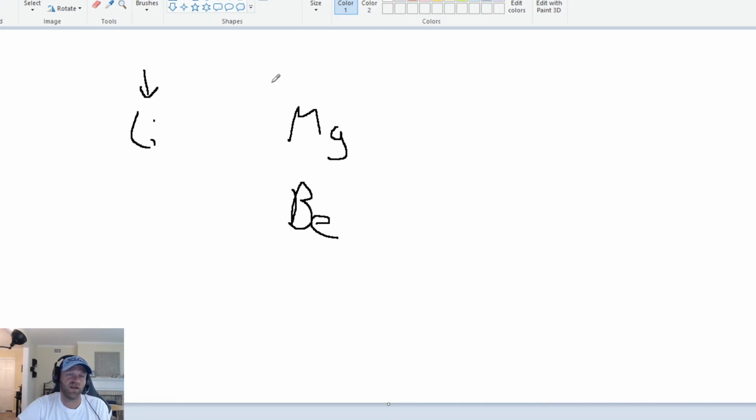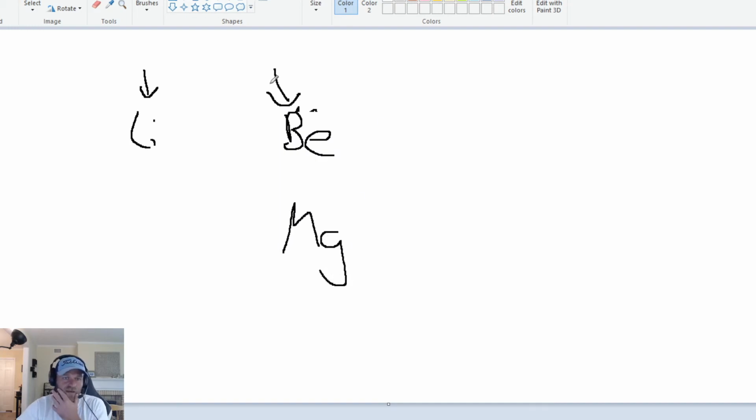This one's number 3, 4, and this is like, what number is that? Oh, I did them backwards. Beryllium's 4, magnesium is 12. So it's beryllium, magnesium. Okay, so across to the right, so we're talking about atomic size right now.